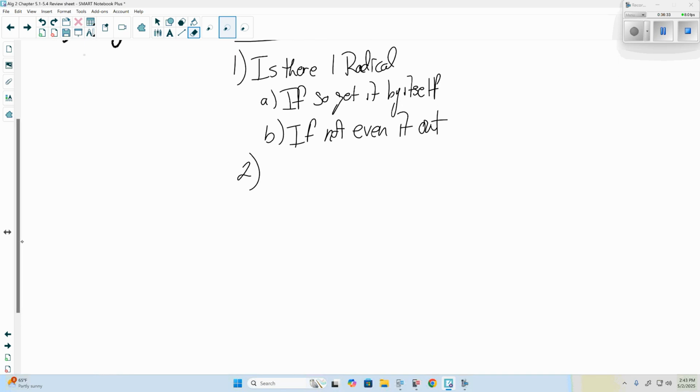Two. Put both sides to the nth power. 3.